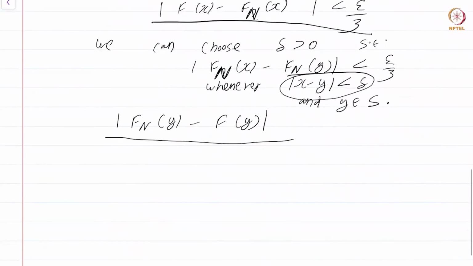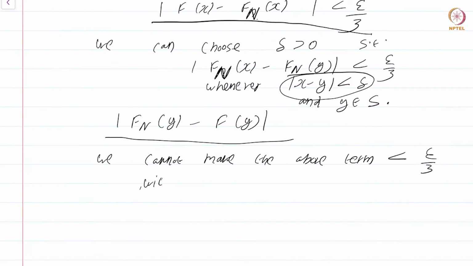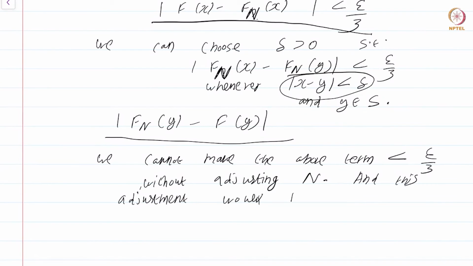So we cannot make the above term less than epsilon by 3 without adjusting capital N. And this adjustment would depend on the choice of y.